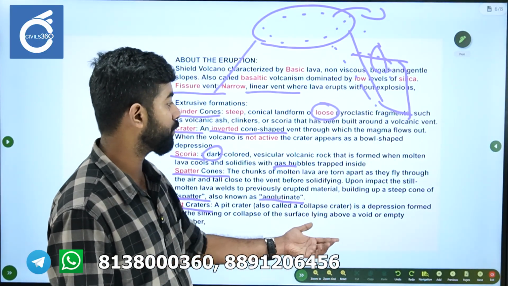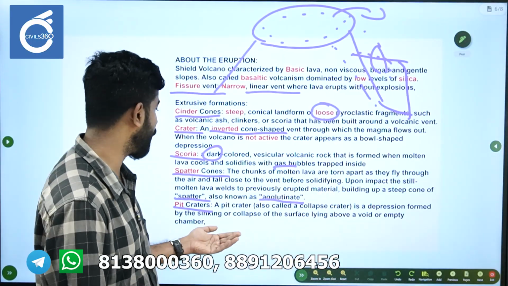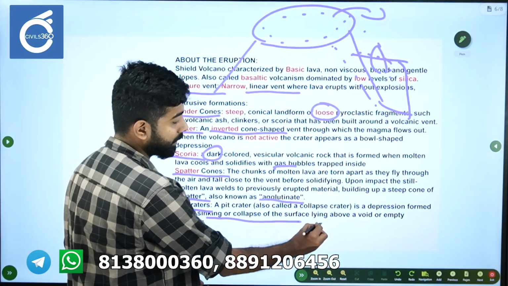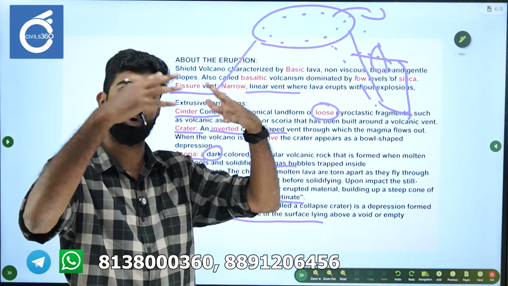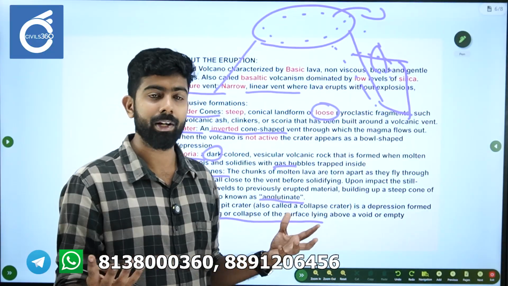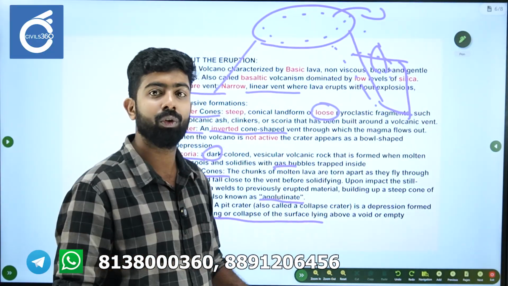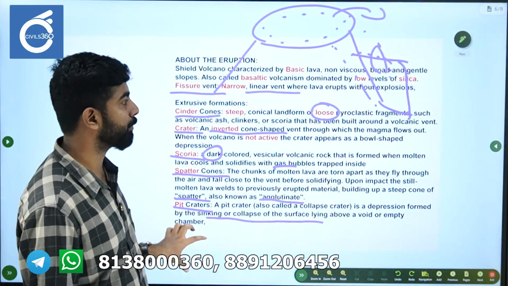Then you have pit craters. A pit crater is a depression formed by the sinking or collapse of the surface. When the surface collapses, there is nothing underneath, because all the magma got erupted. So it creates a pit crater. Just remember a few terms like this.